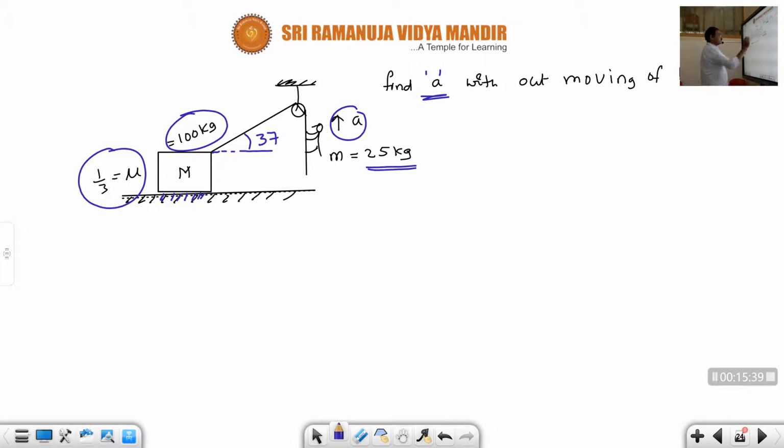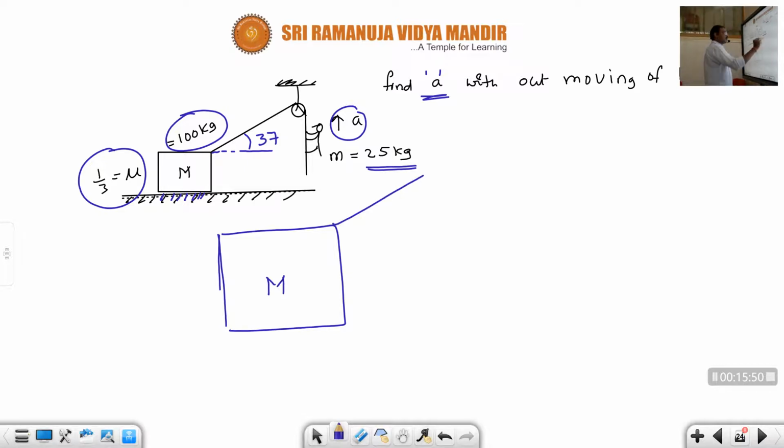Here, if you consider the block separately, this is the free body diagram I am drawing for the block.